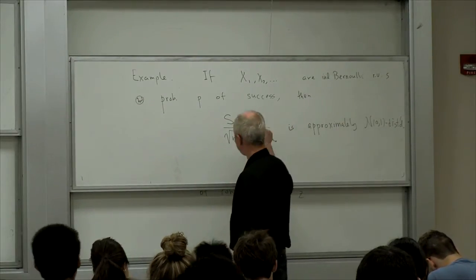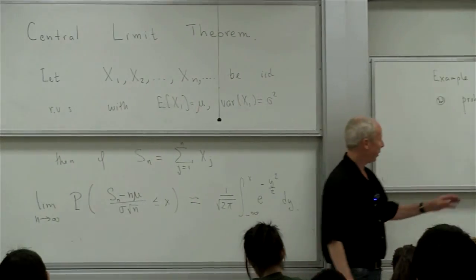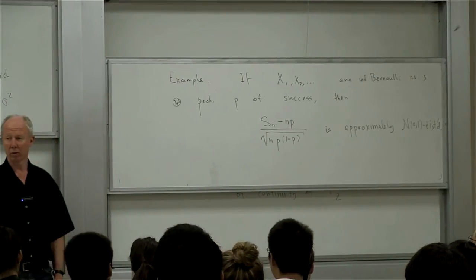So I'm saying that P is the expected value of x1, and that P times 1 minus P is the variance of x1, which is what we've already computed before.